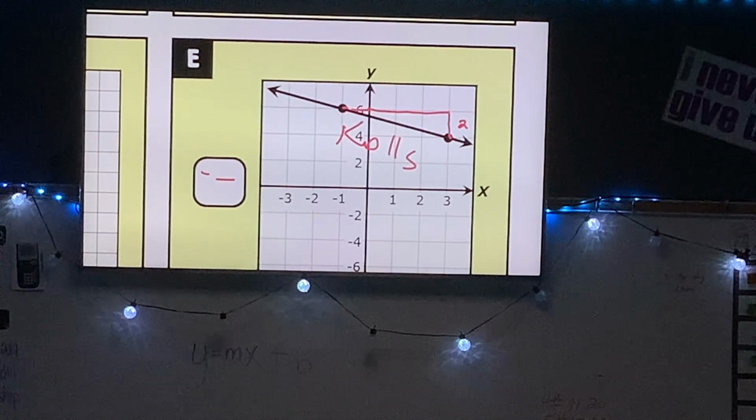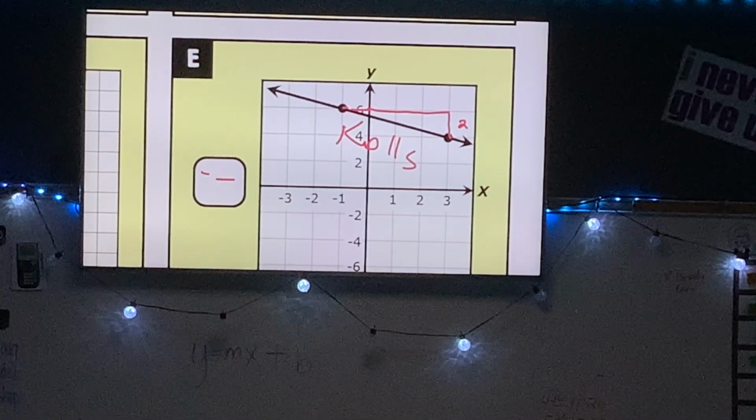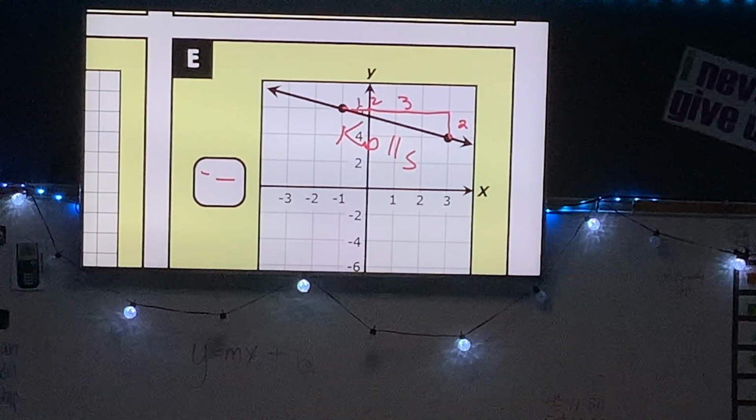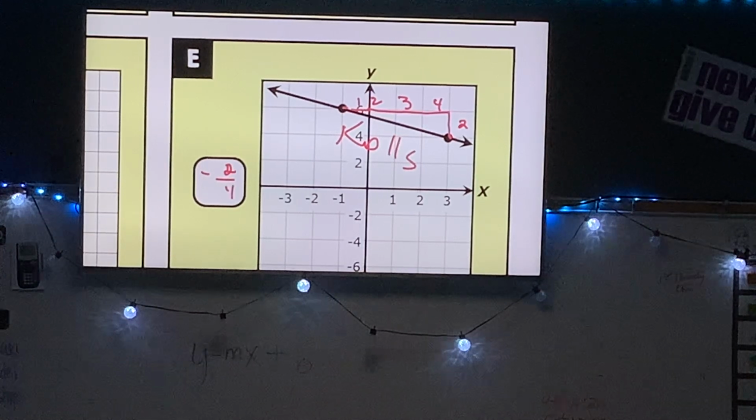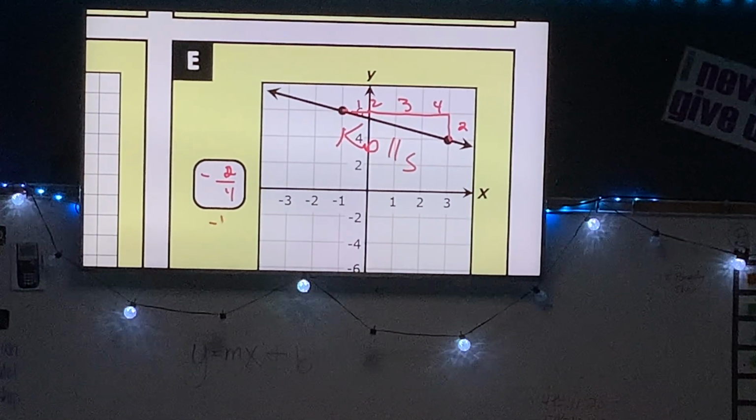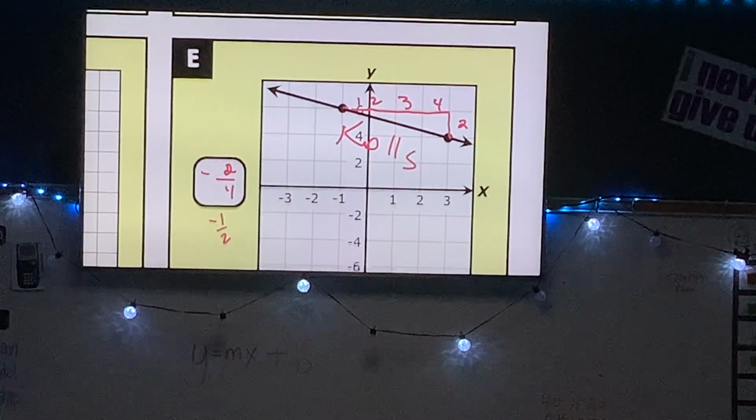Do you see they're not going by ones? Okay? And how many did I run? Now, the x-axis is going normal. How many did I run? 4. Good. If you need to put numbers in there, put numbers in there. So 2 over 4 reduces to? -1 over 2. Perfect.